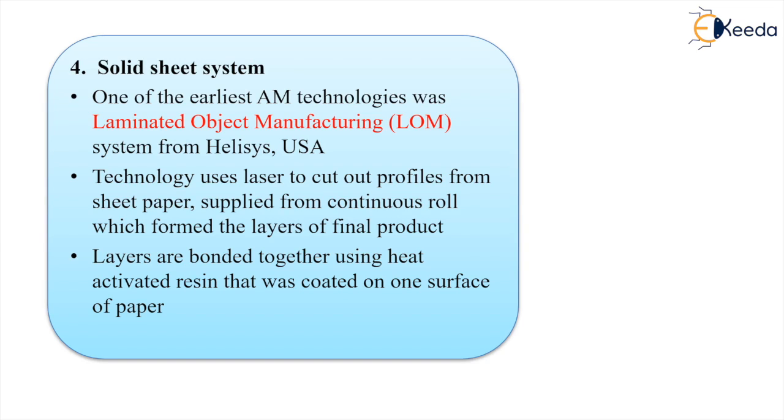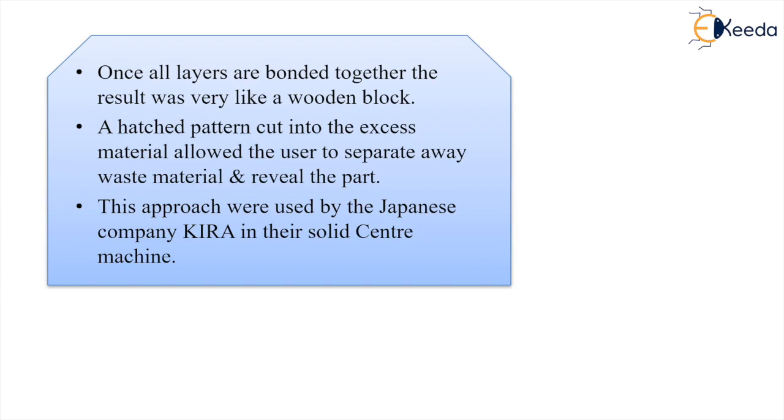We will see it in the diagram. Layers are bonded together using heat-activated resins that were coated on the surface of the paper. Once all layers are bonded together, the result is very much like a wooden block.